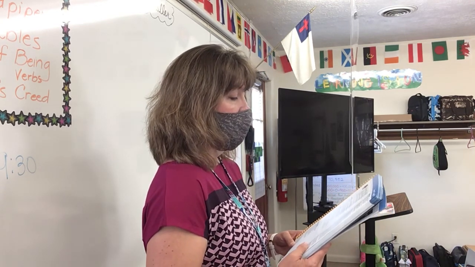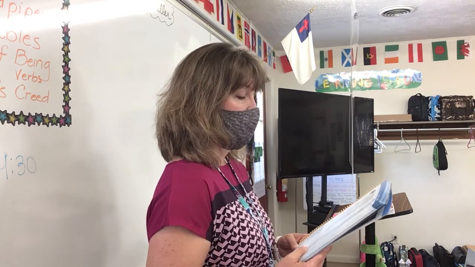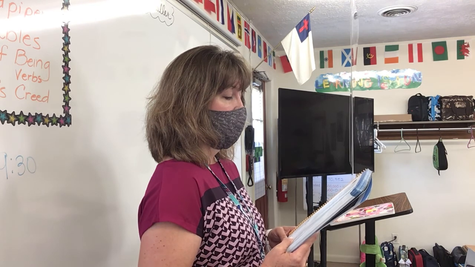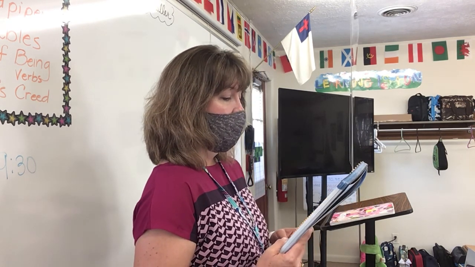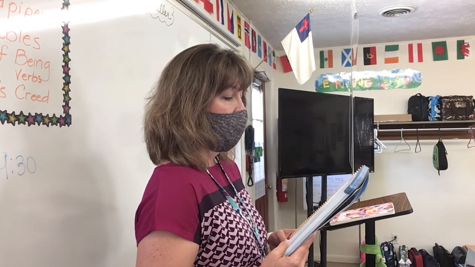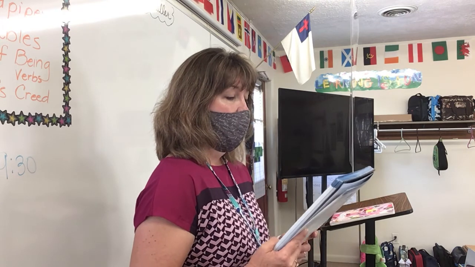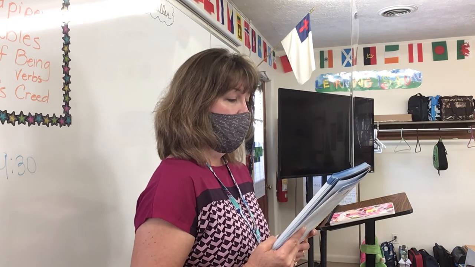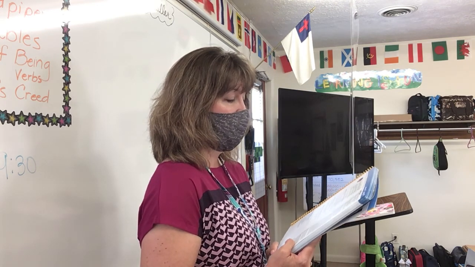One way to correct a run-together sentence is to replace the connecting word with a comma and add an introductory word to begin the sentence. Okay. Go ahead and read those common introductory words.